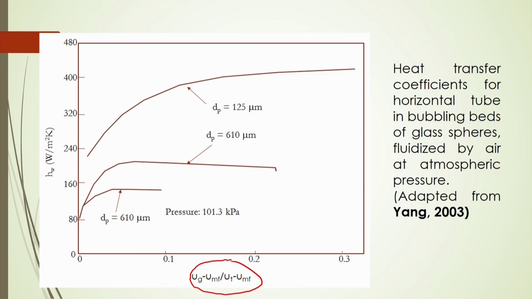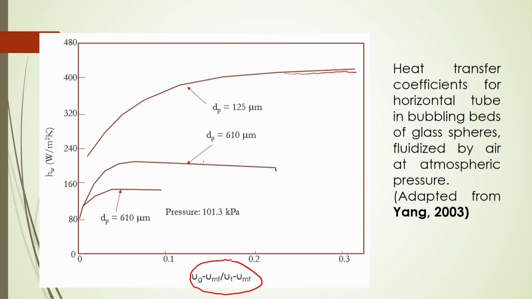If we consider the x axis as (u_g minus u_mf) by (u_t minus u_mf), where u_t is the terminal velocity of the particles and u_mf is the minimum fluidization velocity, then you will see that the wall heat transfer coefficient initially increases and then keeps increasing, but the slope decreases.